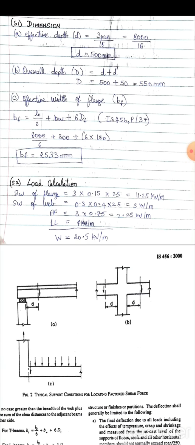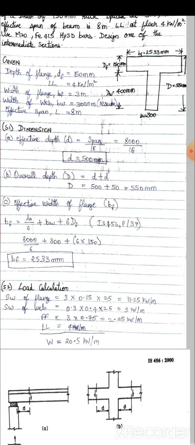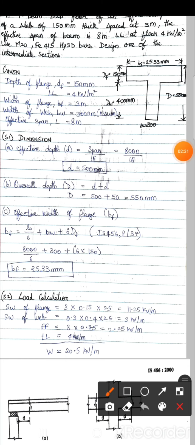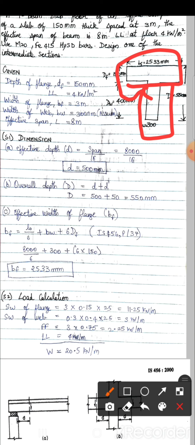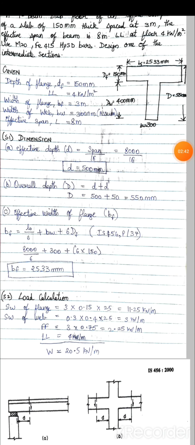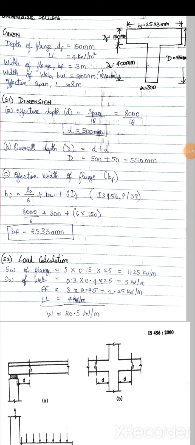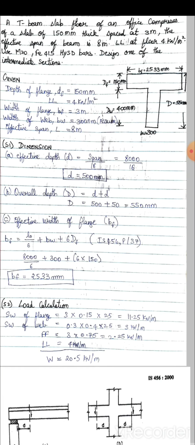Next is load calculation. In load calculation we must find self weight for both flange and web. Flange is the horizontal direction and vertical is called web. So flange is breadth into depth into 25 is the formula.